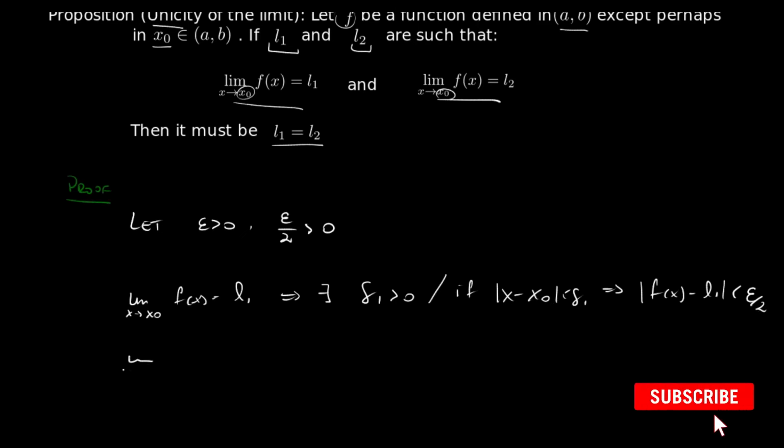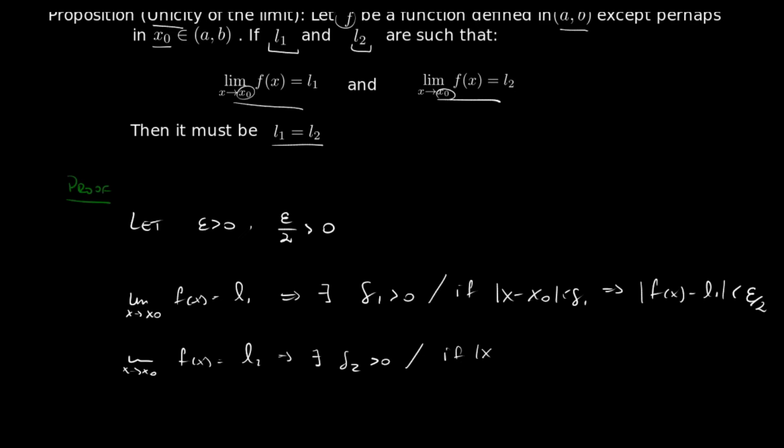We also know that the limit when x tends to x0 of f of x is L2. So then there exists a delta 2 greater than 0 such that if |x minus x0| is smaller than this delta 2, then |f of x minus our limit L2| is smaller than epsilon over 2.